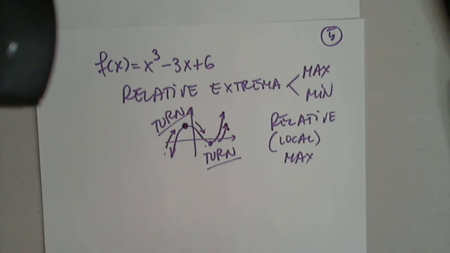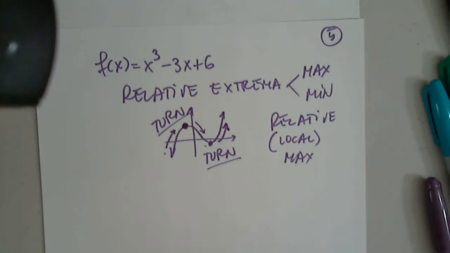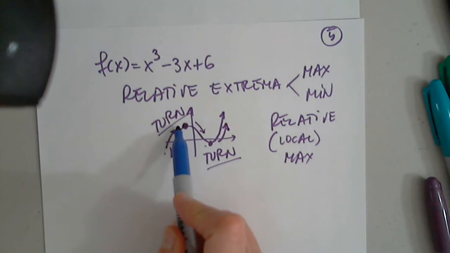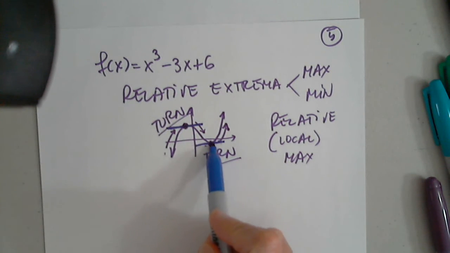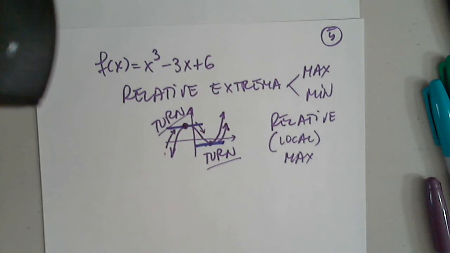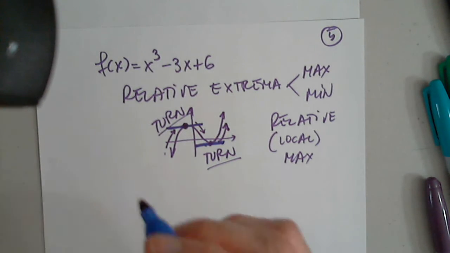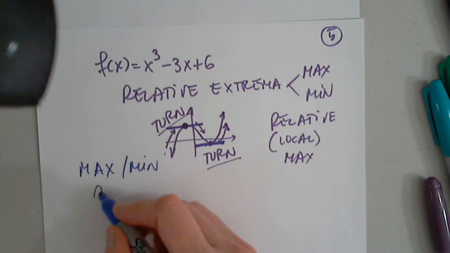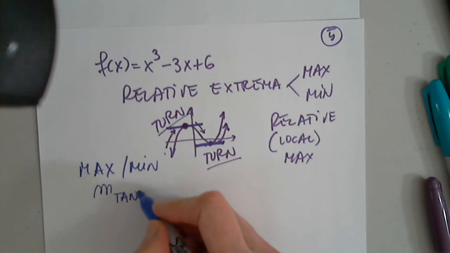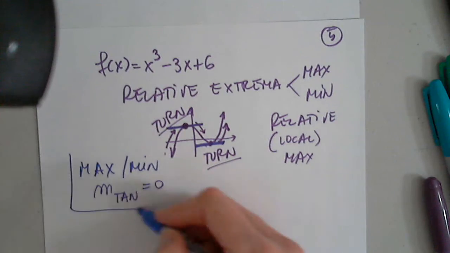Notice that at these points where the function has a max or a min, what is the slope of the tangent? 0. Yes. So for max, min, slope of the tangent is 0.